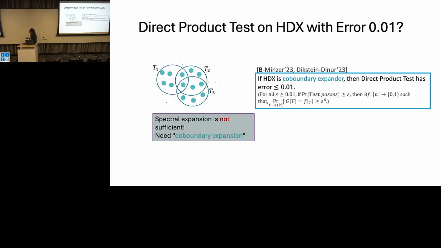You really need this extra notion of coboundary expansion. And when you have this notion, then the direct product test has error close to zero. So this notion really characterizes when you have this direct product test with small error.